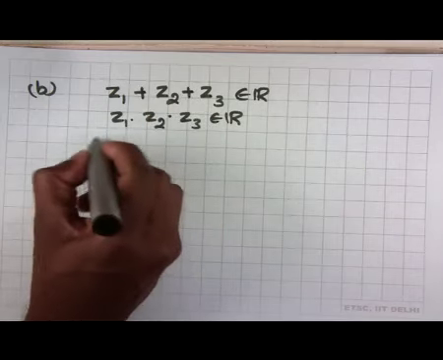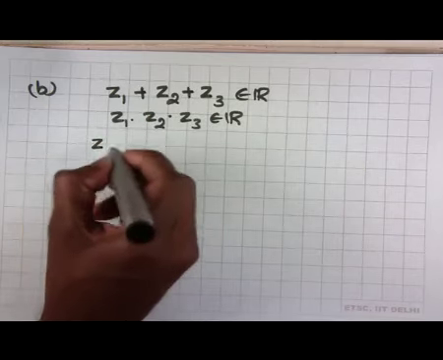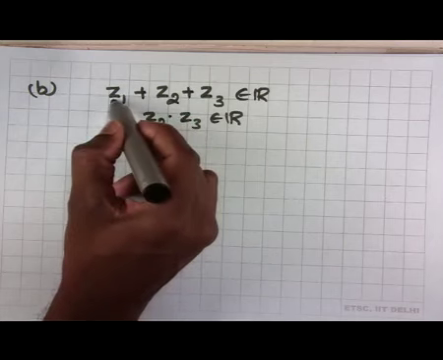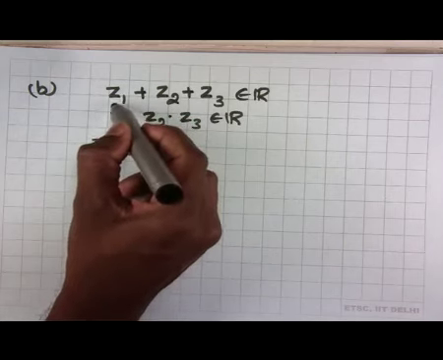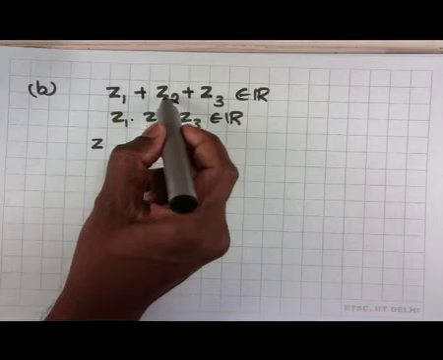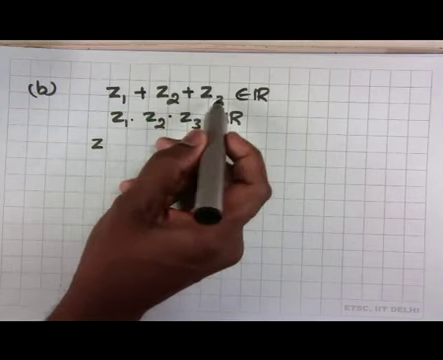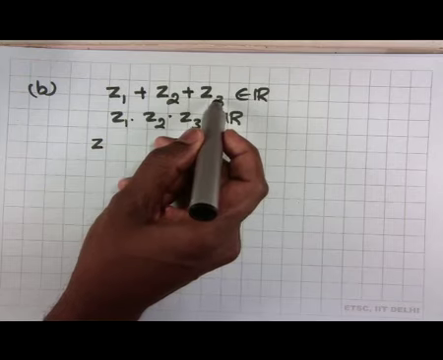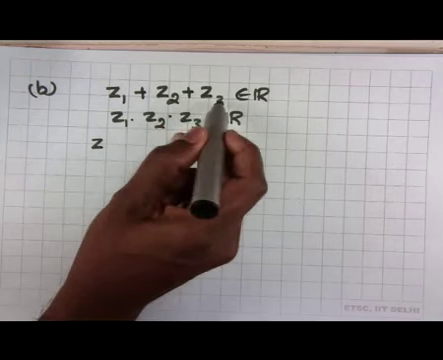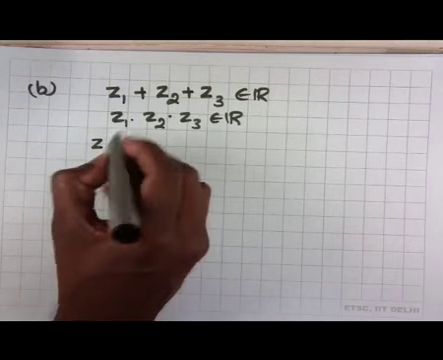So, here what we can do is make a choice. Once you have a Z1, we can take Z2 as its conjugate, then their sum becomes a real number. Z3 we can leave as a real number, so this looks possible.